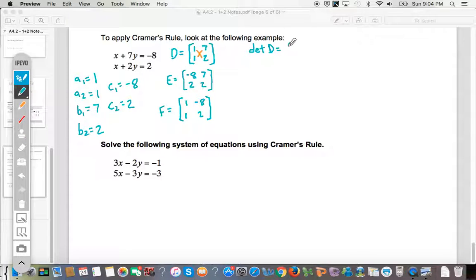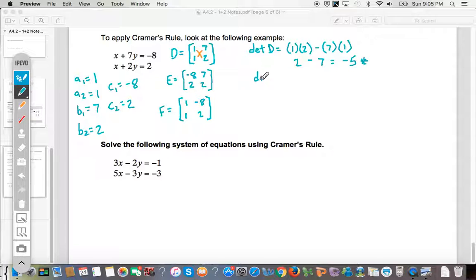So I have 1 times 2 minus 7 times 1. Okay, so I have 2 minus 7, which equals negative 5. Okay, so I'm just going to star this value because I'll need it for later.